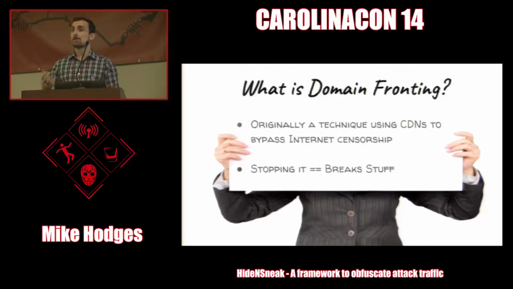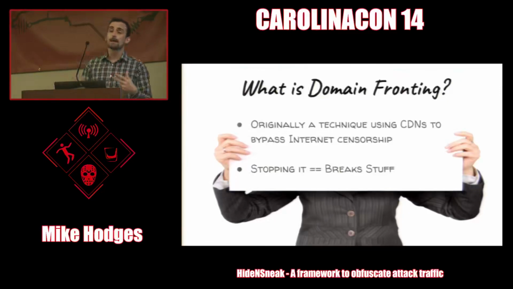That made it so that you could request google.com, but via the host header, you could actually still access Signal, even though Signal itself was blocked. So a lot of the major content delivery networks made Signal available, and that way people could still have communication going on inside this country with a restricted network.